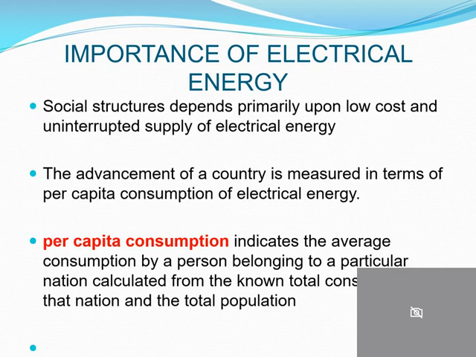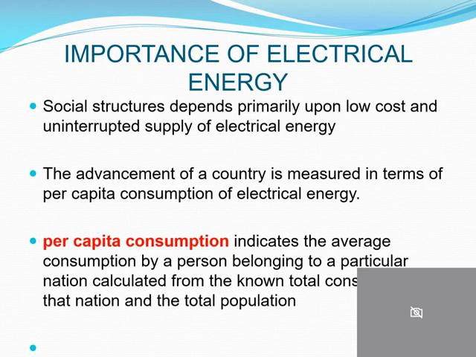Our social structures are dependent primarily upon low-cost and uninterrupted supply of electrical energy. We want energy that is affordable for all, and we want to make sure that interruptions are as minimal as possible, because of the inconvenience they cause. The advancement of a country can be measured in terms of per capita consumption of electrical energy.